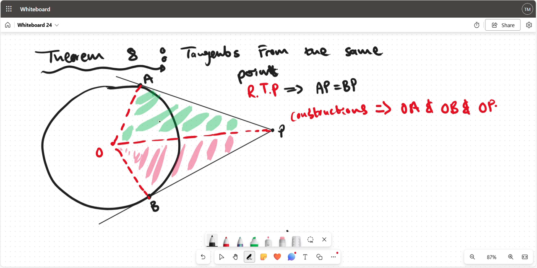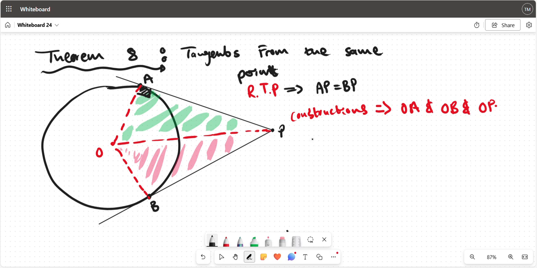All right, the first thing that I notice in the triangle at the top, the green triangle, is that if this is a radius OA, and if this is a tangent AP, then that angle there has to be 90 degrees. Where am I taking this from? I'm taking this from theorem number 7, which says if there's a radius and a tangent, the radius will always be perpendicular to the tangent.